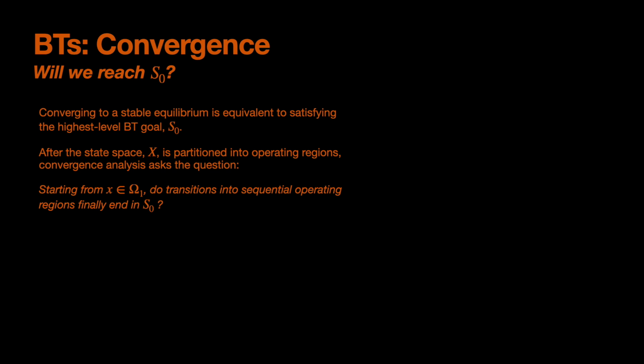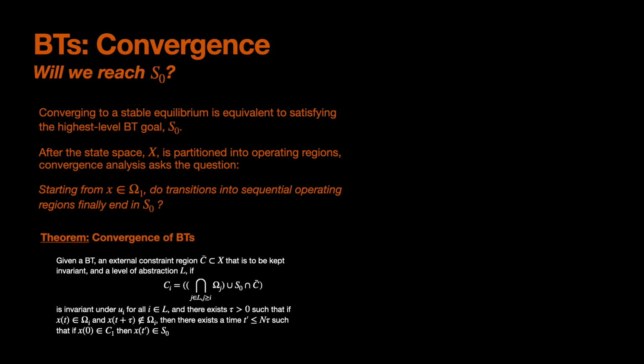So after the state space is partitioned into operating regions, this convergence analysis asks the question, when we start from some particular operating region and we transition between operating regions, do we finally end up in S naught, which is our high level goal?